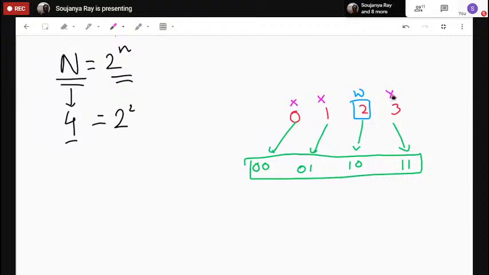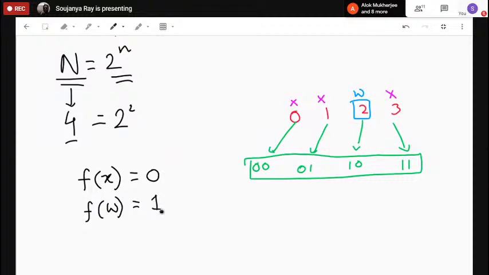So a function f, what it does is, if f is X, you will get an output 0, and if f is W, you get output 1.